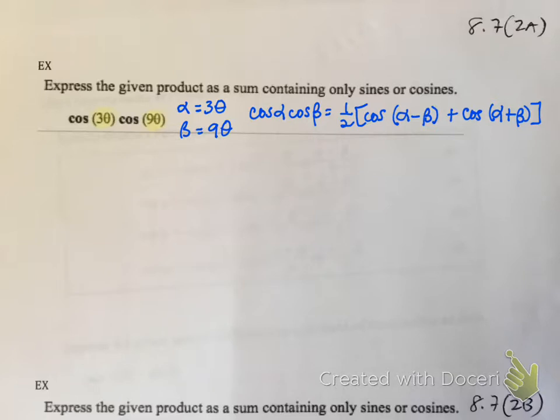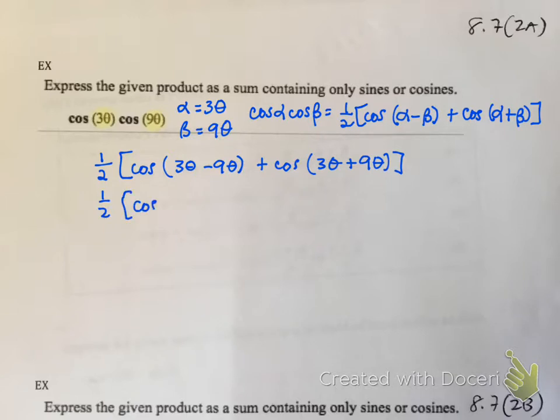So we have 1/2 cosine, alpha is 3 theta minus 9 theta, plus cosine 3 theta plus 9 theta. Okay, so 1/2 cosine of negative 6 theta plus cosine of 12 theta.